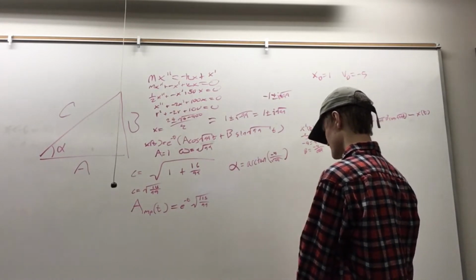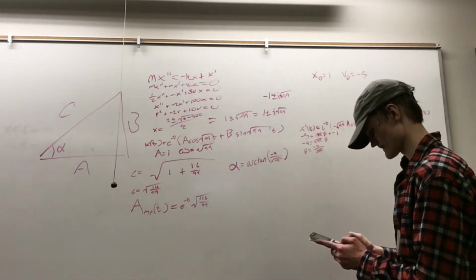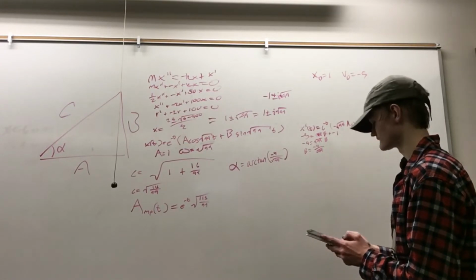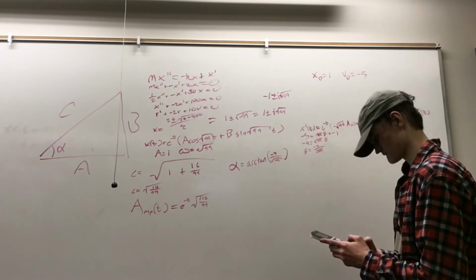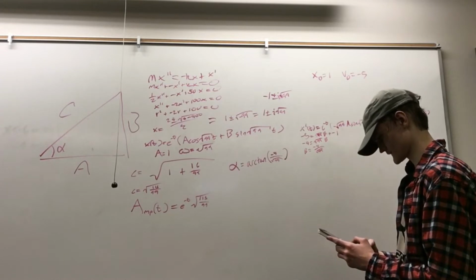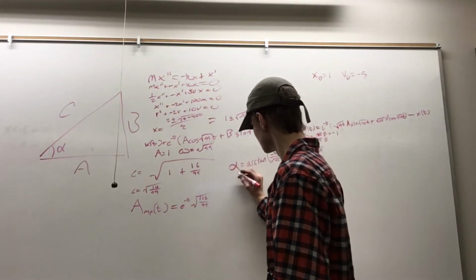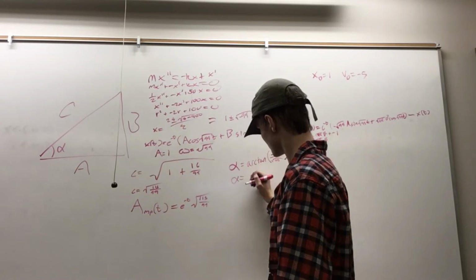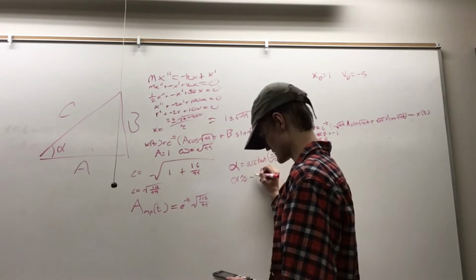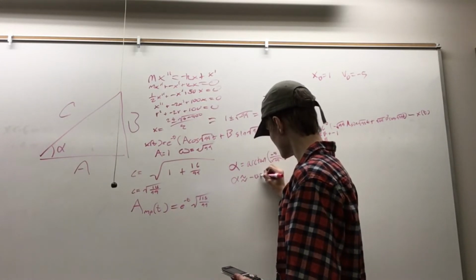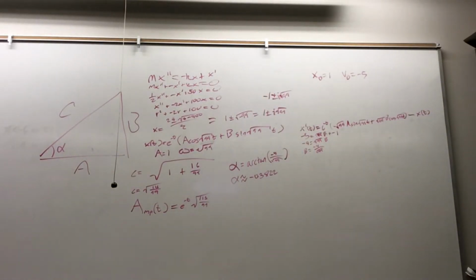I believe it is just arctangent, but you might have to fiddle around with it to get what alpha should be. Alpha is about negative 0.3822 radians.